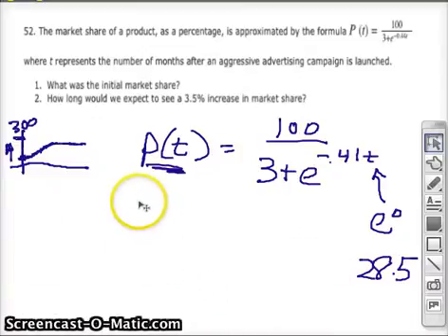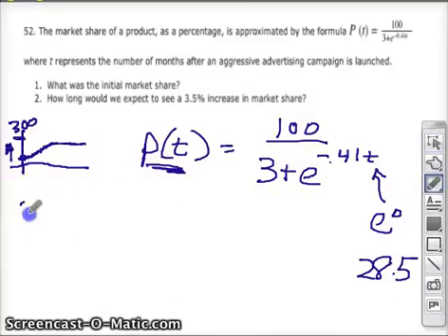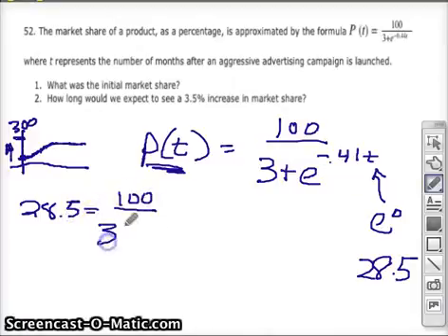The same formula to see when this market share would be 28.5. So 28.5 is equal to 100 over 3 plus, okay, hold the phone. Okay, that was 3 plus e to the negative, I think that's a 4, negative 0.44 t.